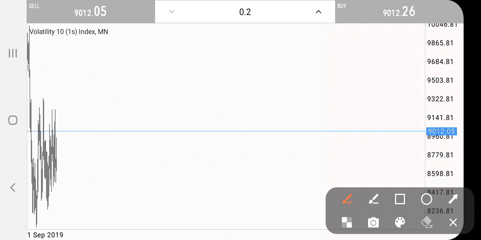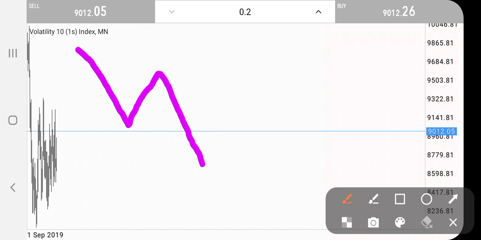The market will move from an upward position going downwards, then comes back to retest, breaks the last lower low, then makes another lower low, then comes to make a lower high, then it comes back to break the last lower low.